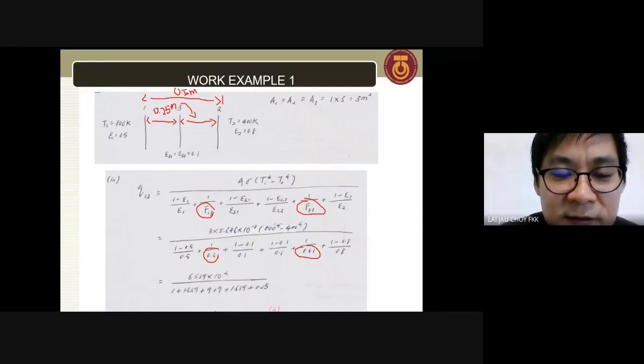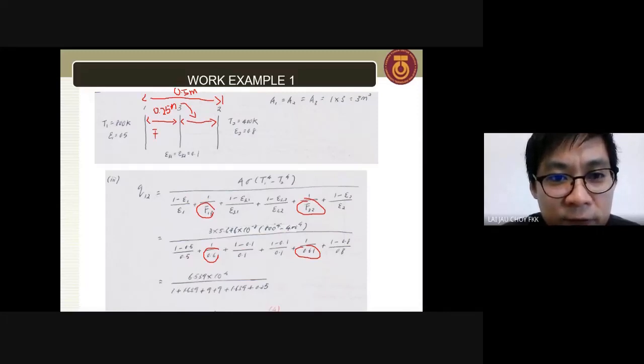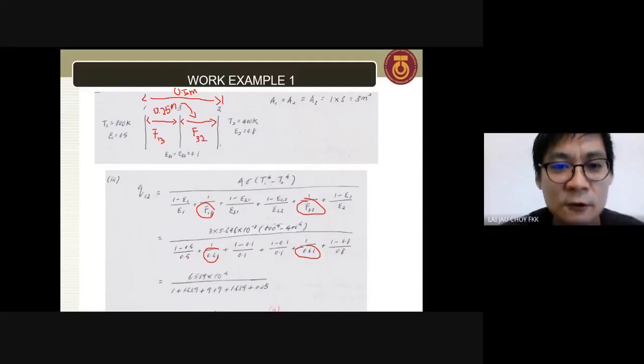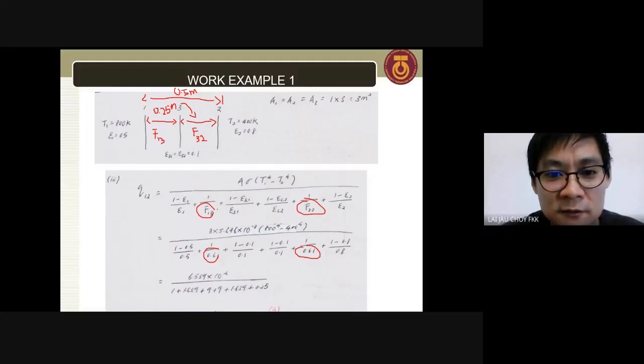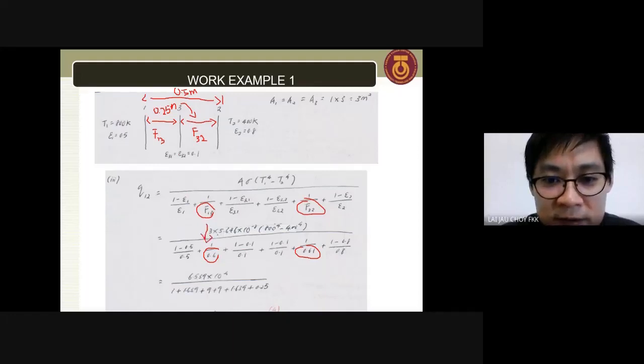Because the distance between 1 and 3 changed, the view factors F13 and F32 also change. It is no longer 0.61.